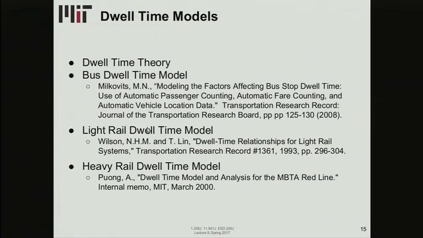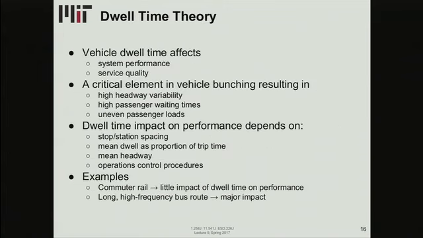There are some examples here, three papers. One on bus dwell time, one on light rail dwell times for the Green Line, and one on heavy rail. We're going to look at the three of them, just a high-level overview. So let's look at some concepts first. Vehicle dwell times affect system performance.